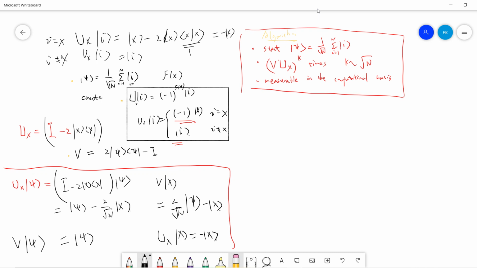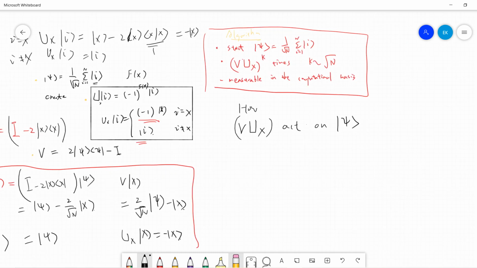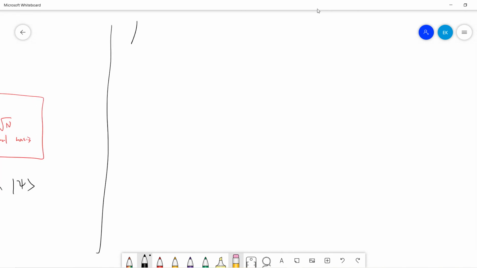So the calculation is basically: we start with our phi, and the important thing is that we need to see how V Ux acts on phi. Okay, so this is the first time. So the Hilbert space can be seen as the span of x and then the complement of x, the other basis.